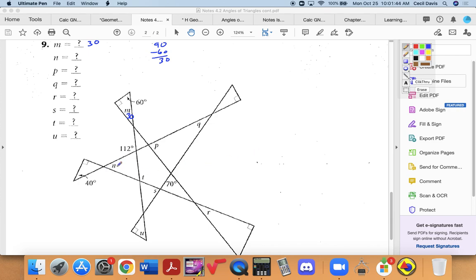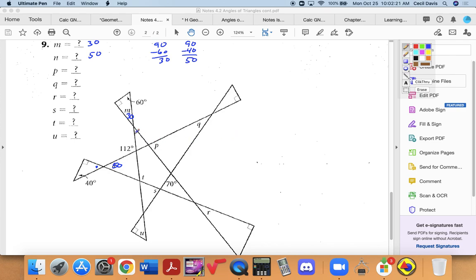All right, now I'm going to try and find N, which is the same size as this angle right here. What's the quick way to find this? Yes. 90 minus 40. Yeah, if you take 90 minus 40, we get this angle's 50, so N is also 50. Well, once we get to P, there's not a super fast way to find that.